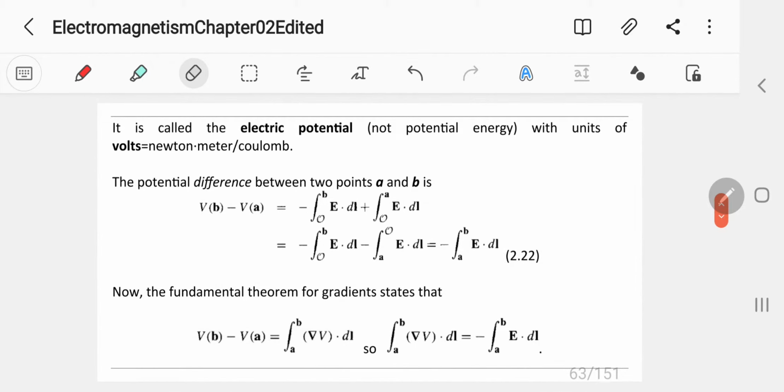So we call V the electric potential. It's not potential energy. The electric potential has units of volts, which is equal to Newton meter per coulomb.